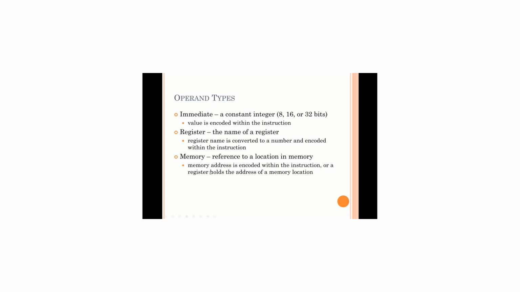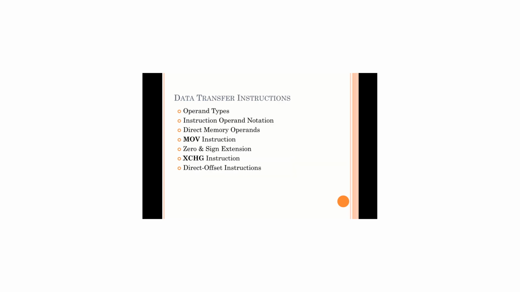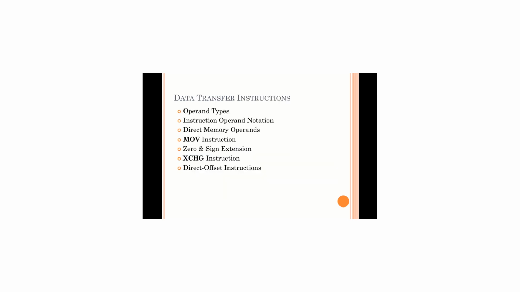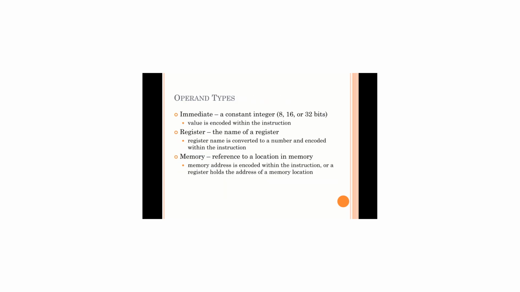And then the third type of operand is memory, right? Such as the sum here. It refers to a memory location. And the memory address is encoded within the instruction, or a register holds the address of a memory location.